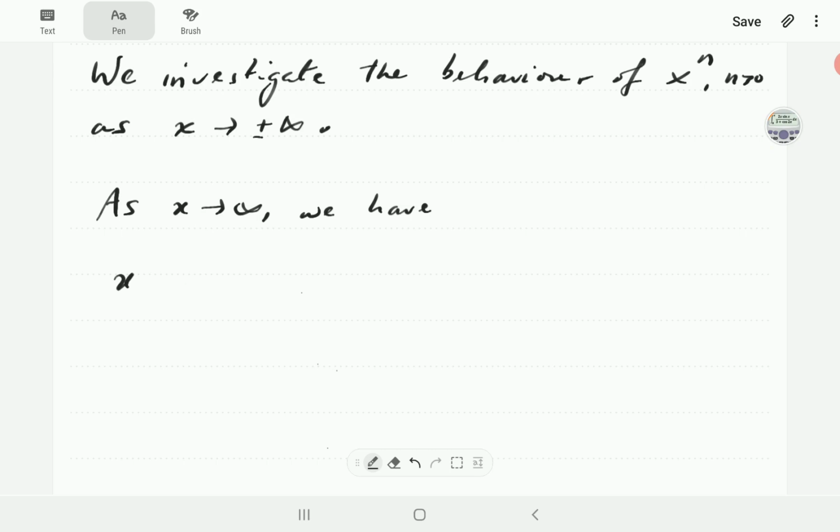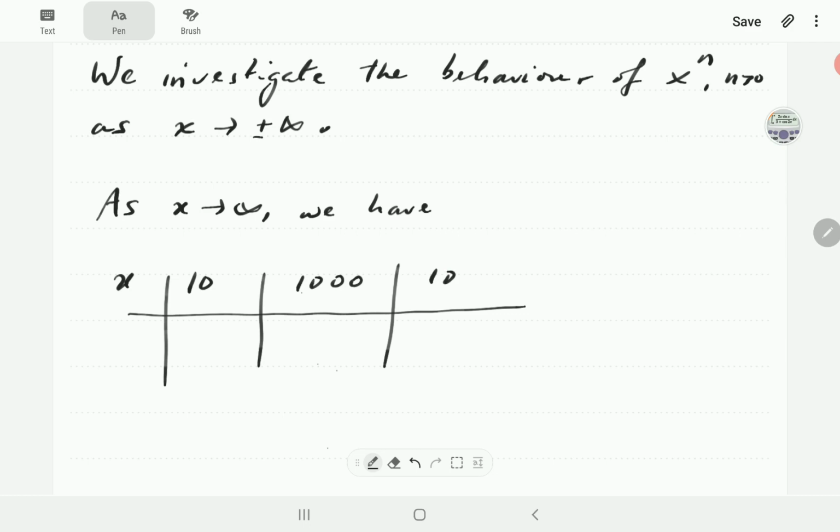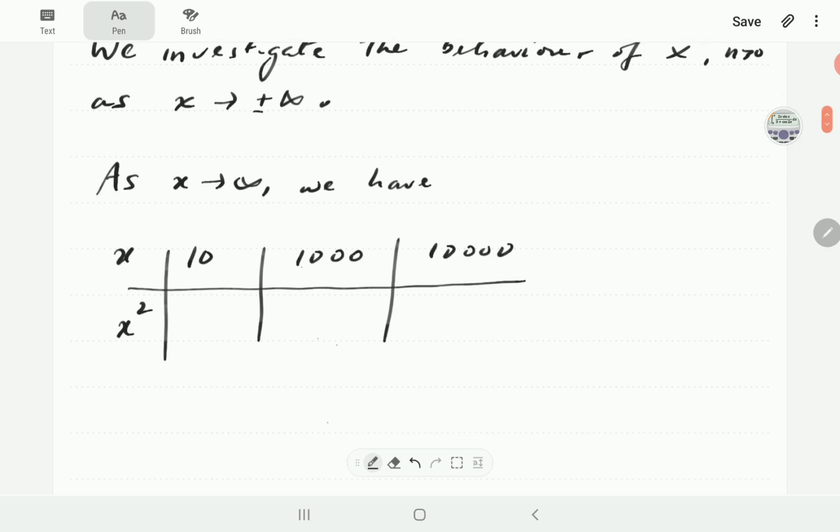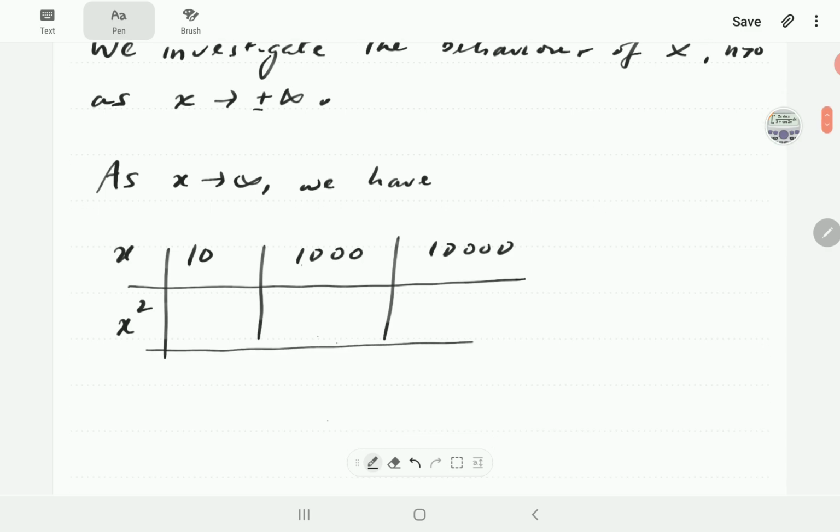So x goes to infinity means we're going to start, for instance, with x equals 10, then go to x equals 1,000, then go to x equals 10,000. So first, let's see what happens to x squared, which is a power of x.